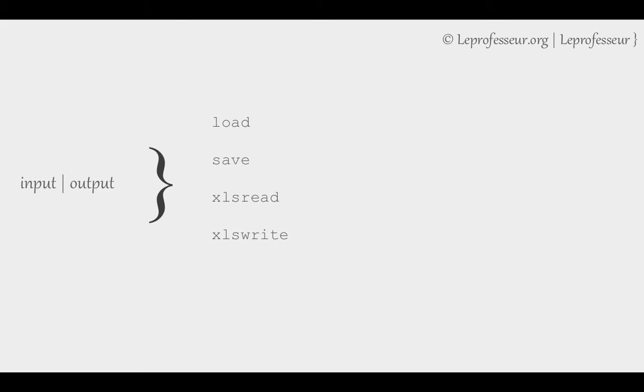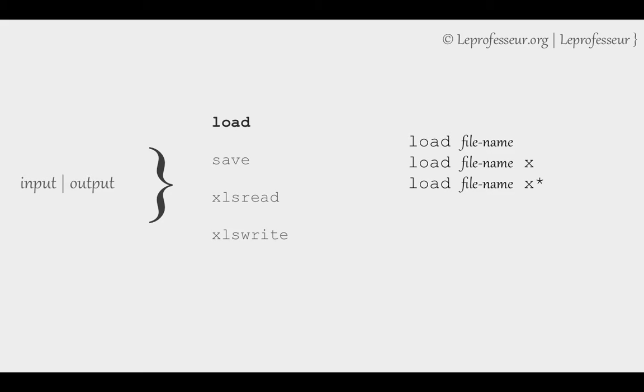Now there are some useful input output functions, because many times you might have to save the data and read back the data. You might write the whole information or different variables to an Excel file and read back from the Excel file. So let's talk about load. Load is basically loading the value from a file.